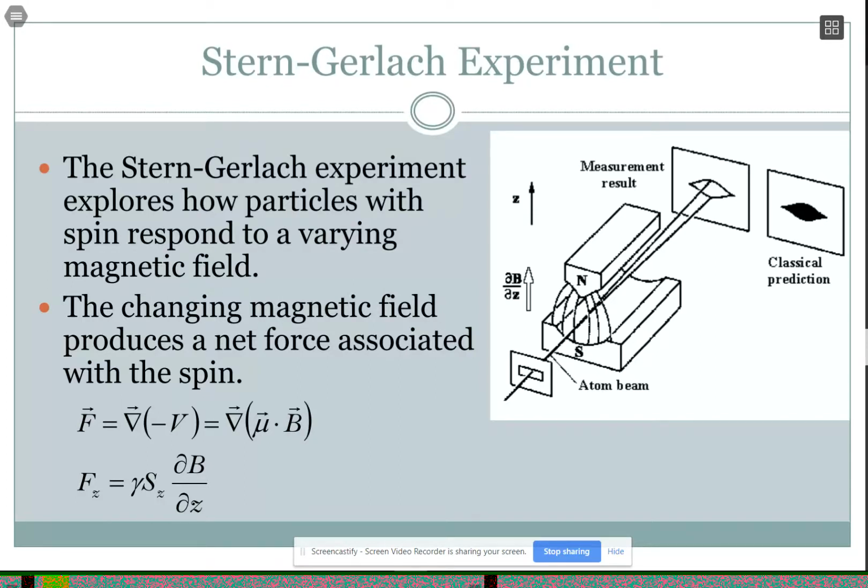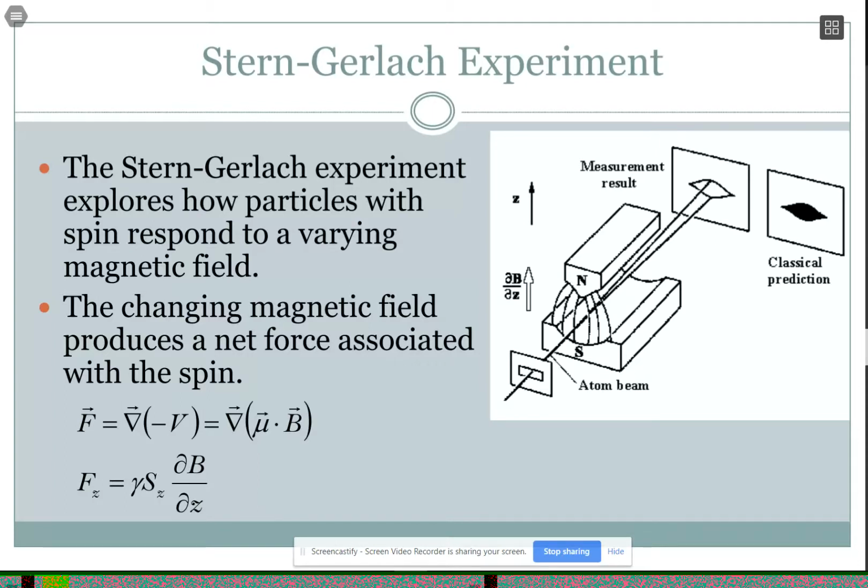This magnetic region does not have a constant magnetic field. It has a gradient, see the dB/dz. The magnetic field is changing, and because of the gradient, depending on their magnetic orientation, the particles separate as they go through.